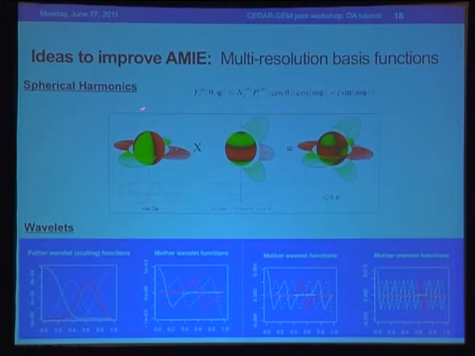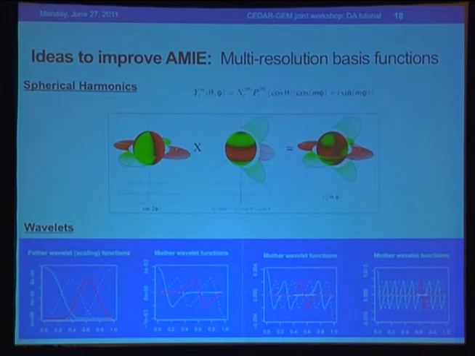Spherical harmonics, as you know, or maybe you are not exposed to it, has two components. The basis function is defined all over the globe. This part is the associated Legendre function, and that determines latitudinal distributions, right? And this part is cosine and sine.